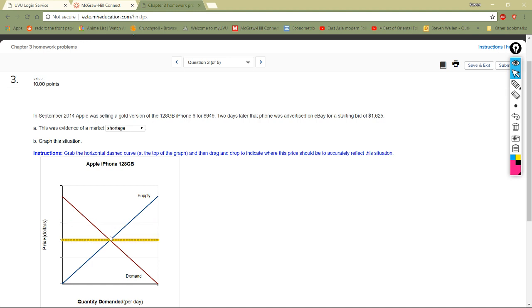If it was equilibrium right here, then this would still be selling at $949, assuming no loss in value for a used unit. However, what's really going on? Give me the line.